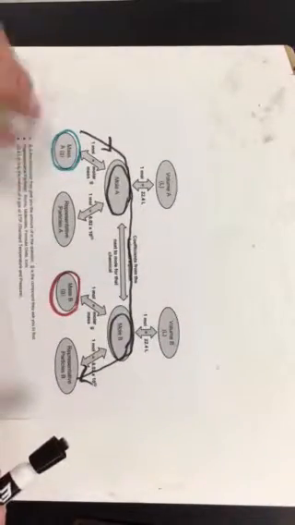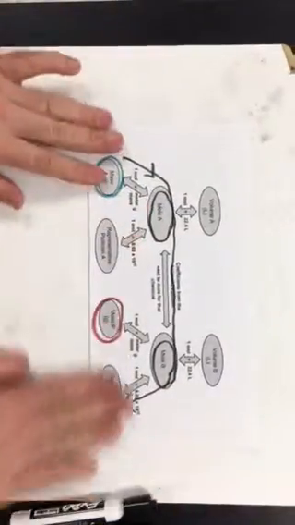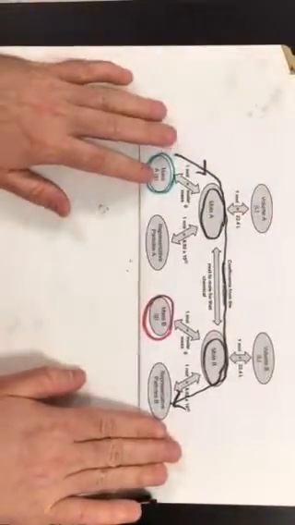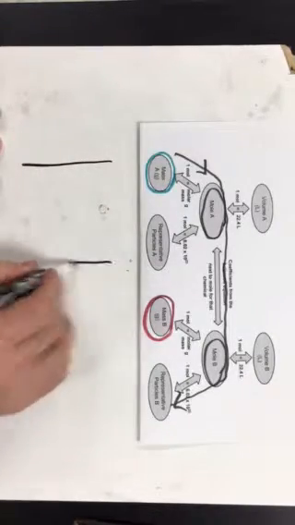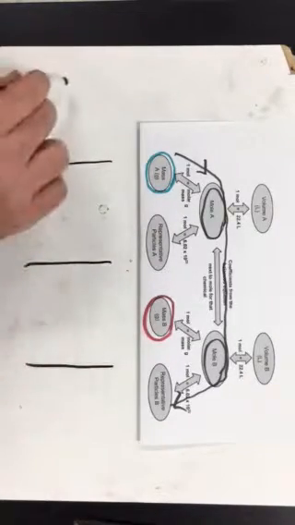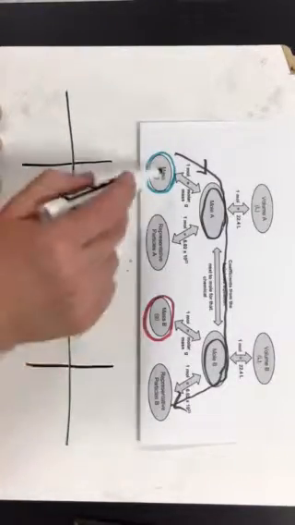So let me show you that. So here's my conversion bridge. It has 1, 2, 3, 4 tops, 1, 2, 3, 4 circles.